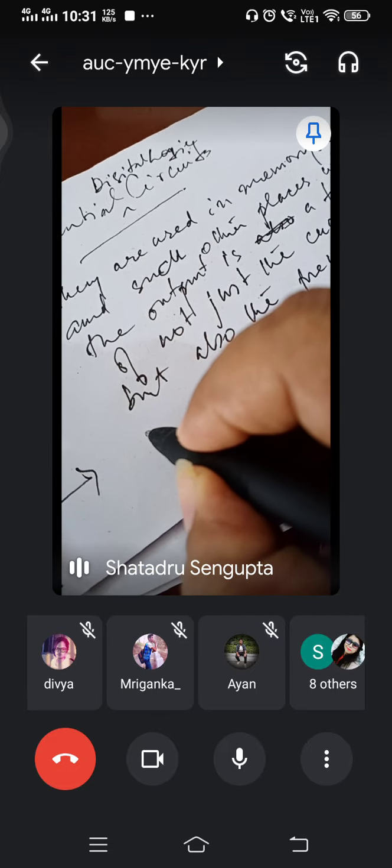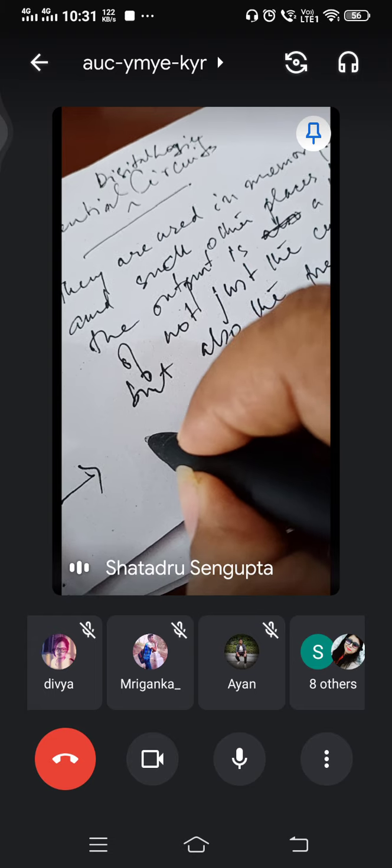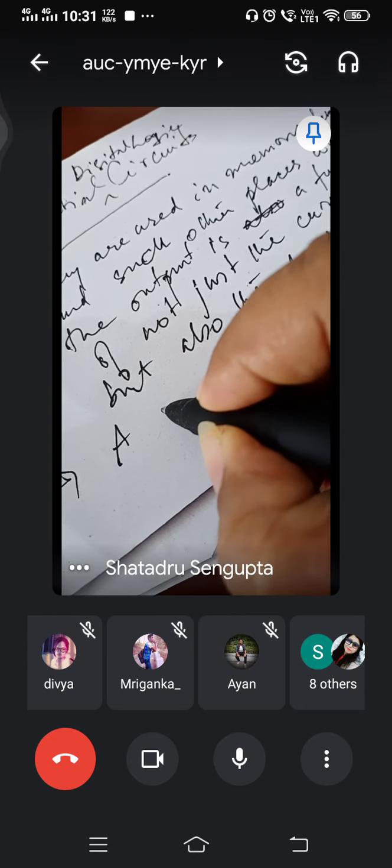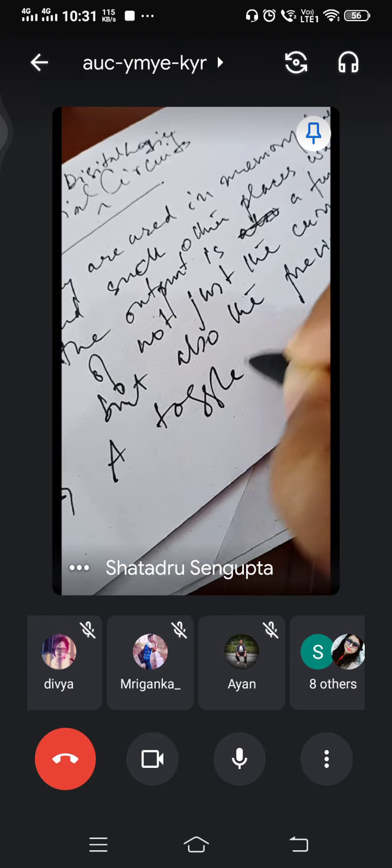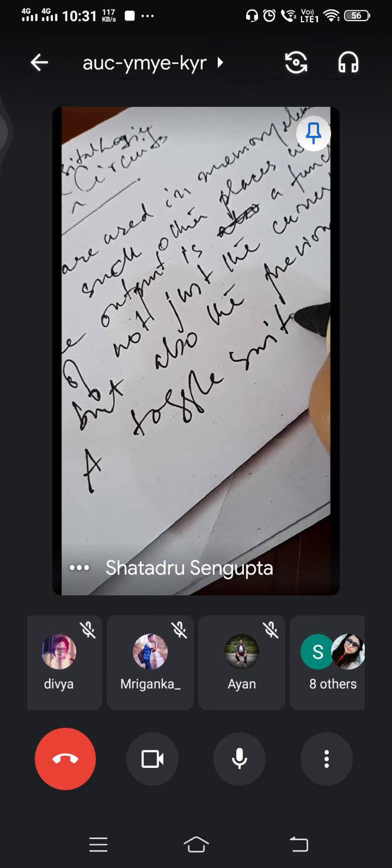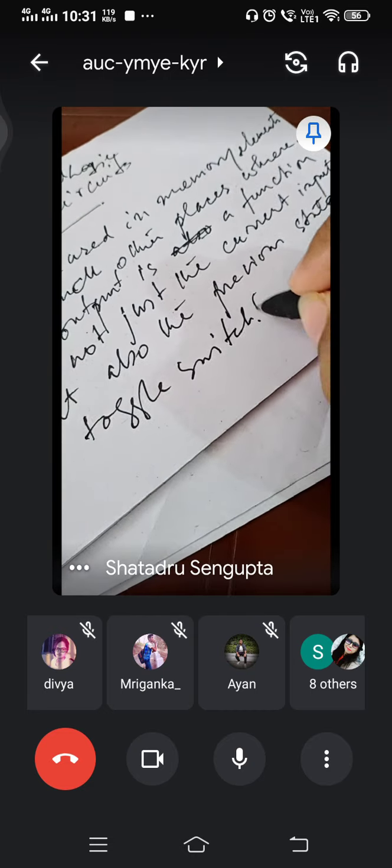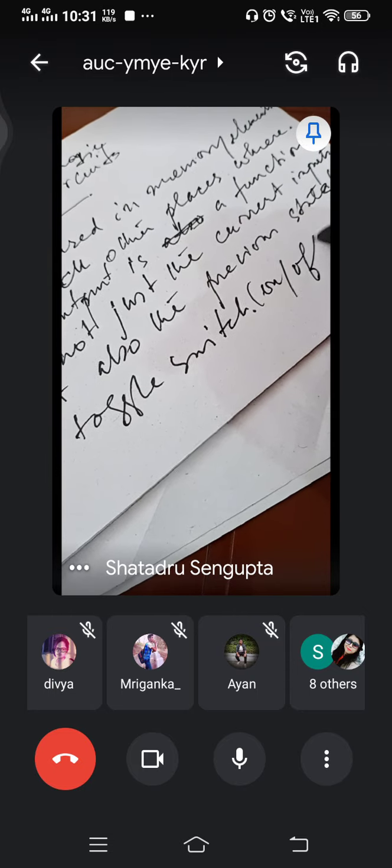A real life example from your day to day life is a toggle switch for on off.